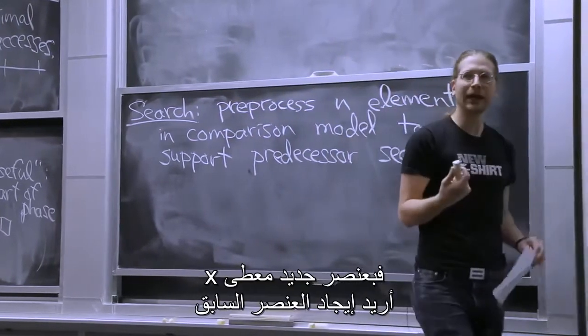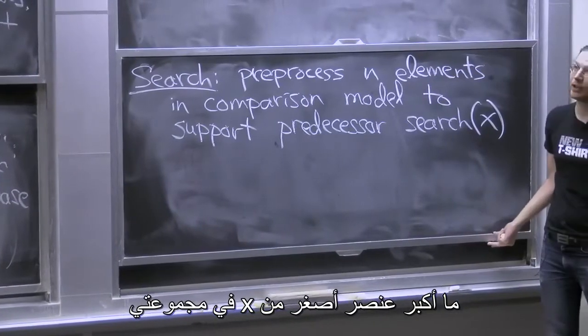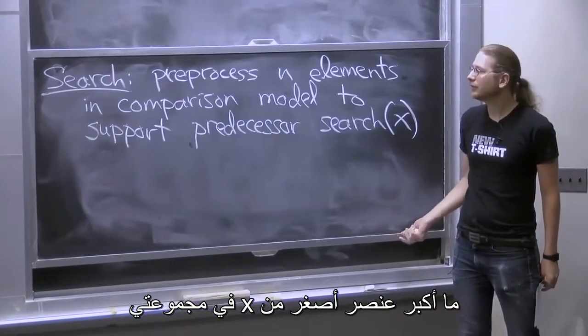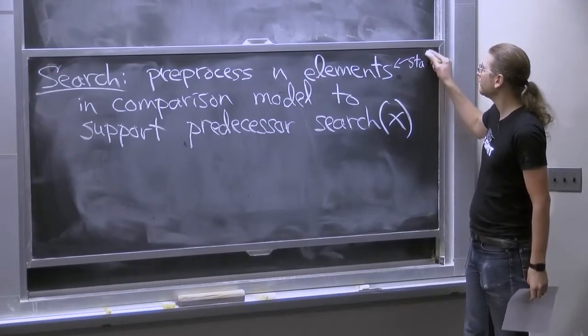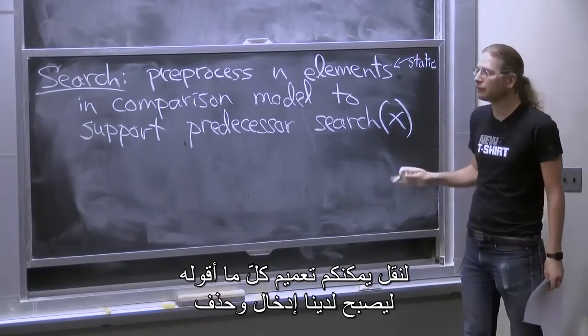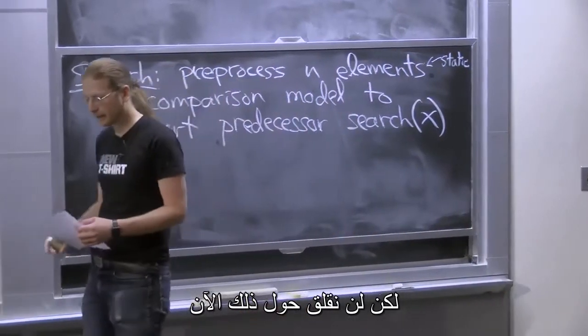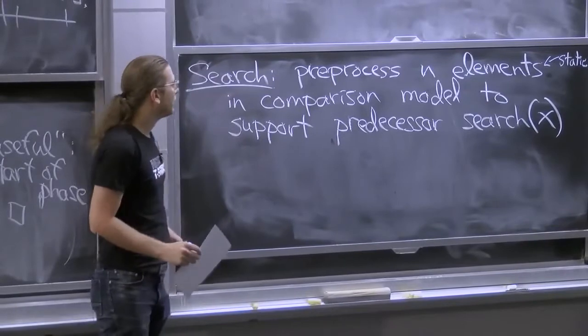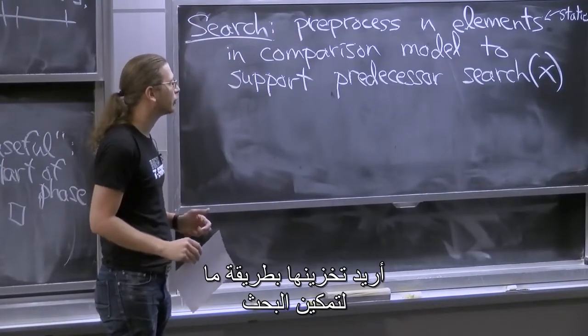So given a new element x, I want to find what is the previous element. What's the largest element smaller than x in my set? I'm thinking of these n elements as static. You can generalize everything I say to have insertions and deletions, but let's not worry about that for now. I just want to store them somehow in order to enable search.